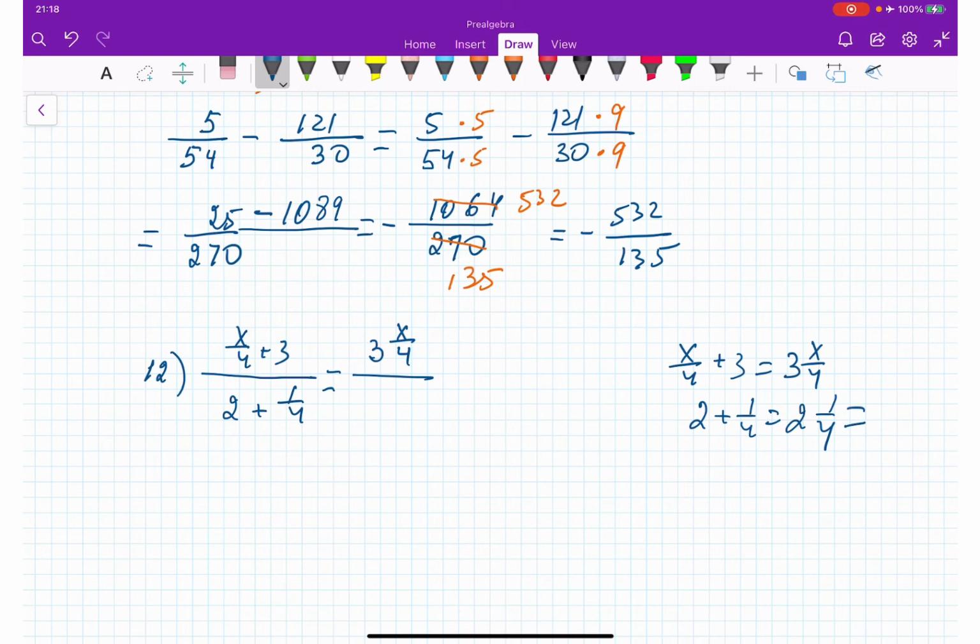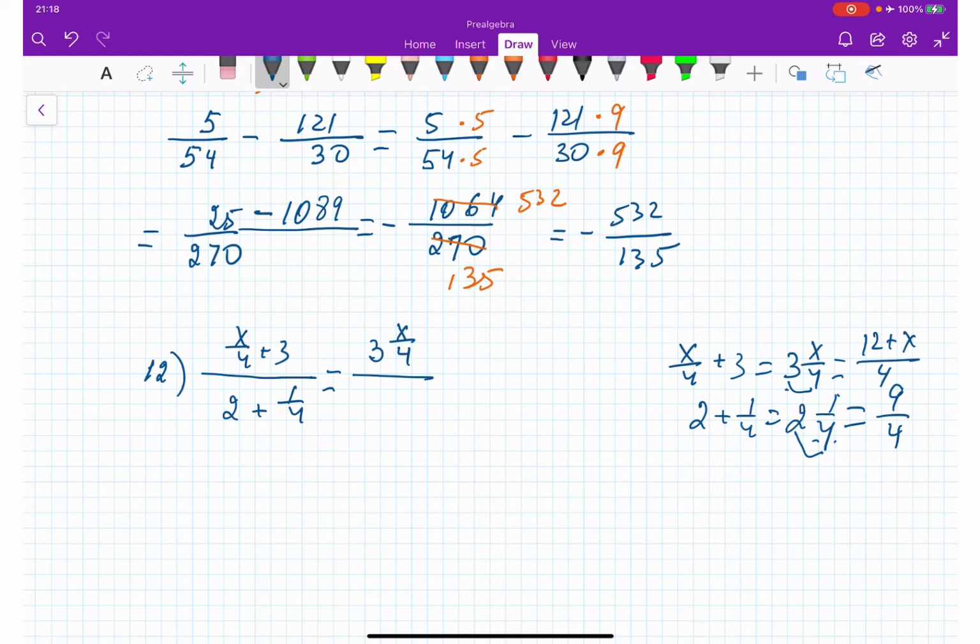If I convert to improper, it's going to be 2 times 4 is 8, 8 plus 1 is 9 over 4. To convert 3 and x over 4 to an improper fraction, I am doing 3 times 4 is 12, and 12 plus x. I'm writing down 12 plus x over 4.